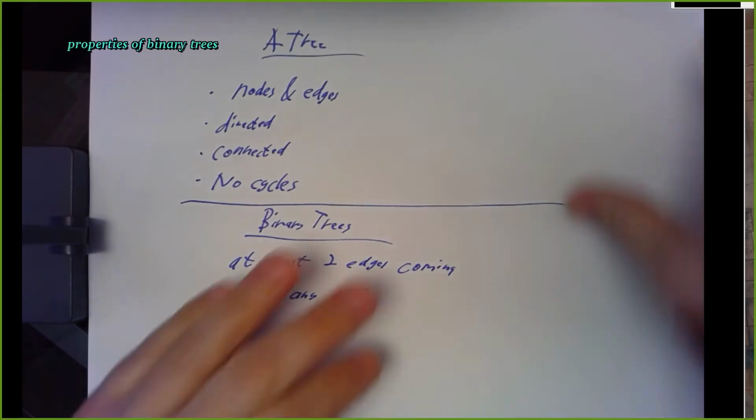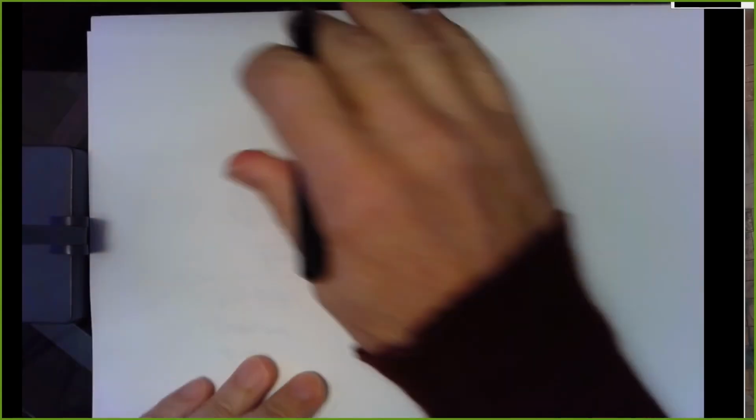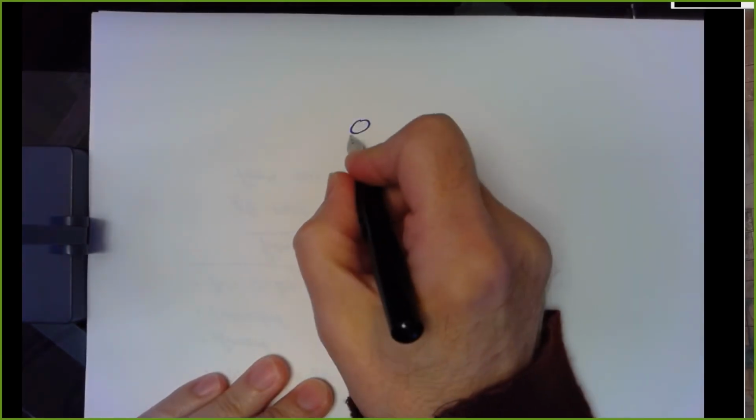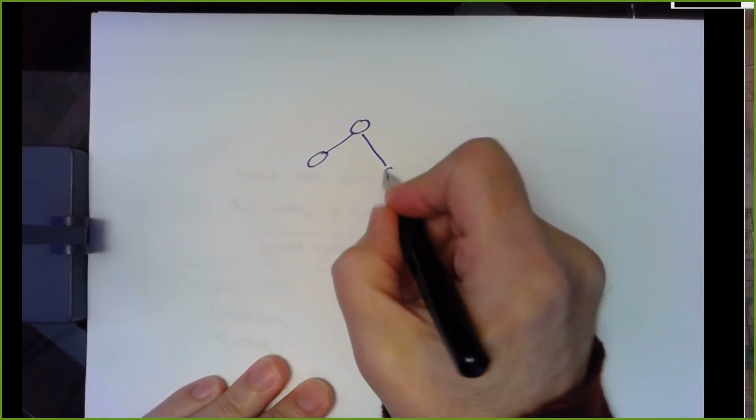All right, so let's go further into the properties of a binary tree. So I'm going to draw a generic binary tree.